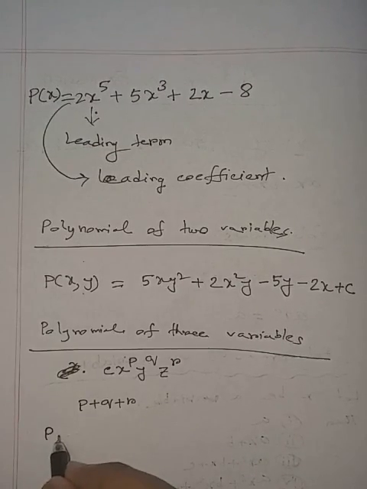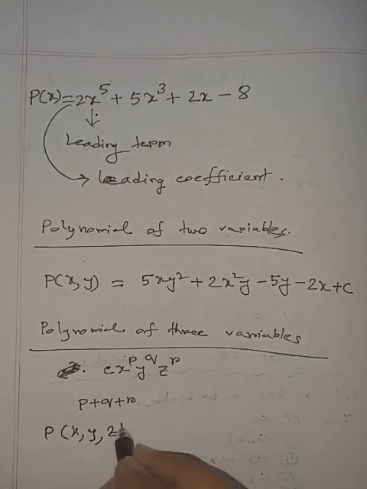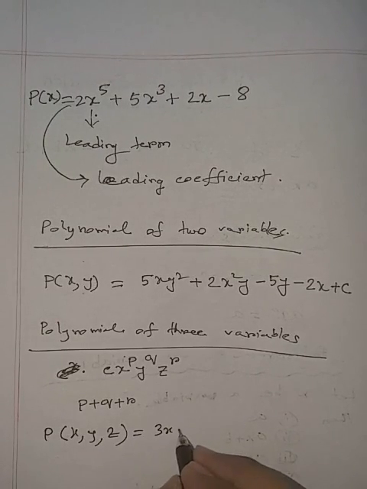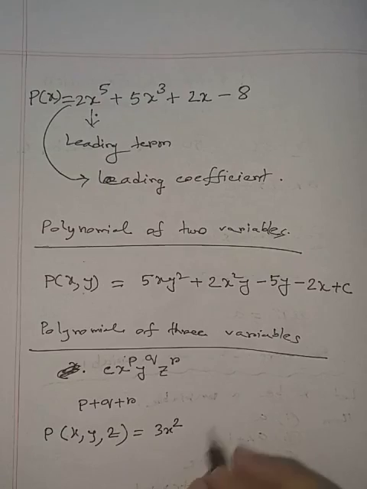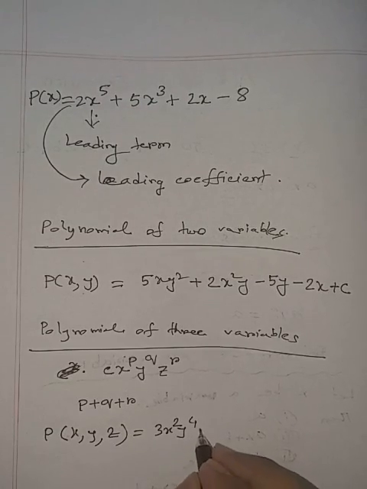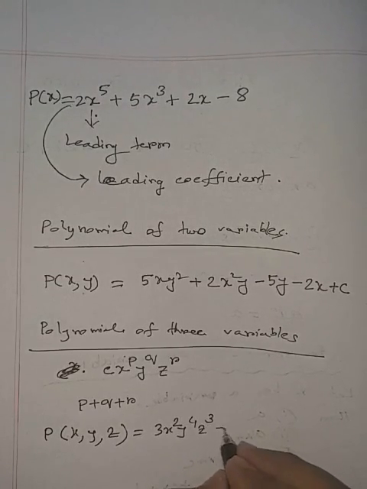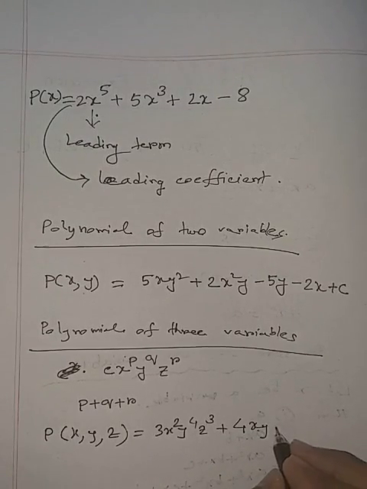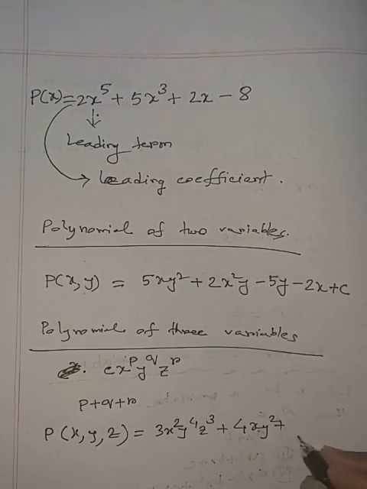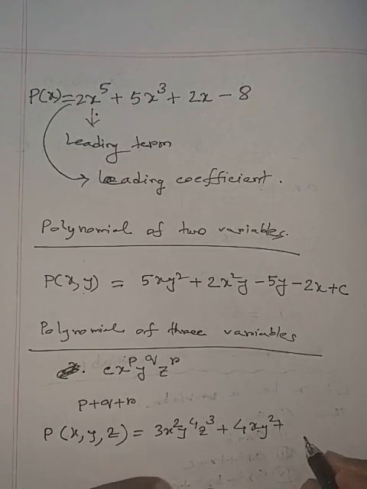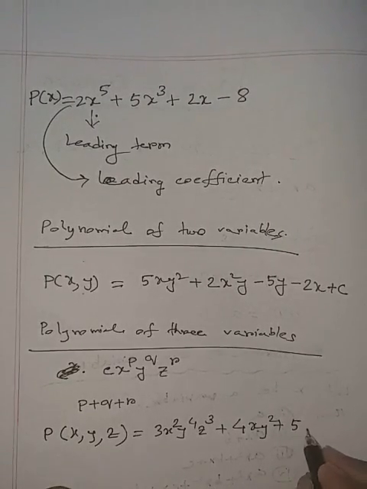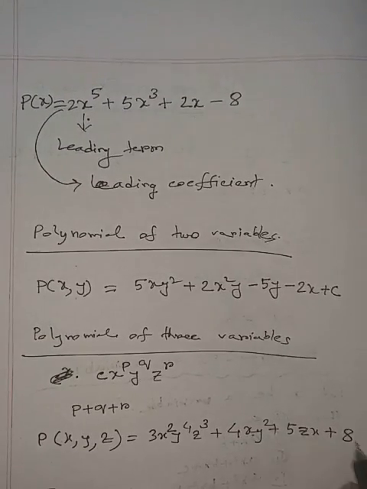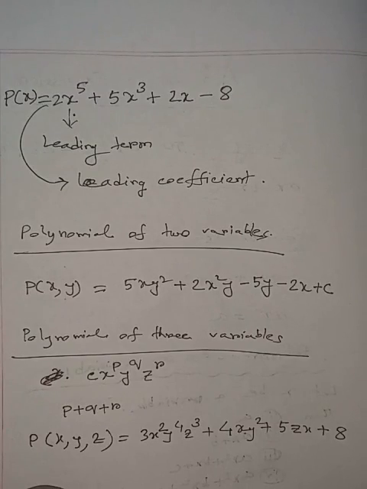If I write p of x, y, z: 3x squared y to the power 4 z cube plus 4xy squared plus 5zx plus 8. This is a polynomial of 3 variables.